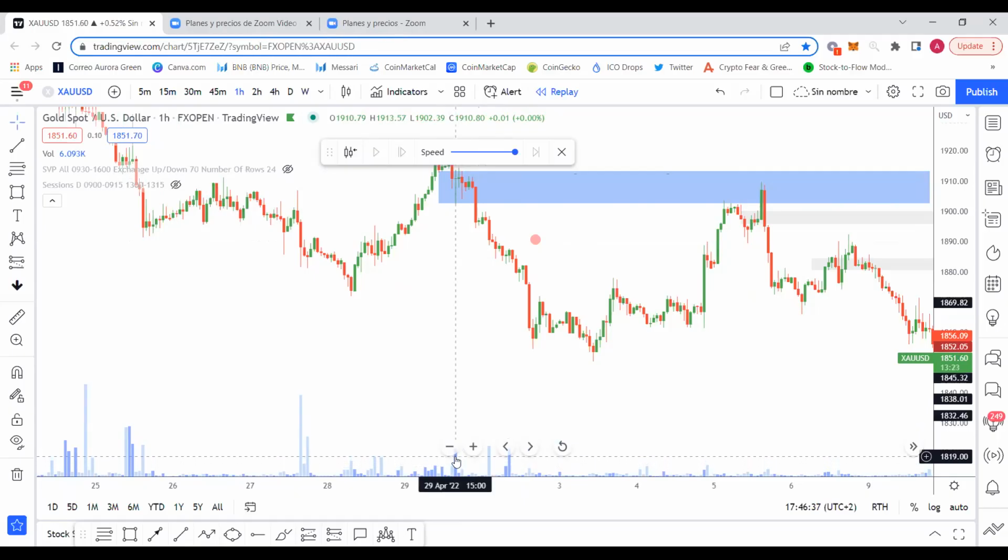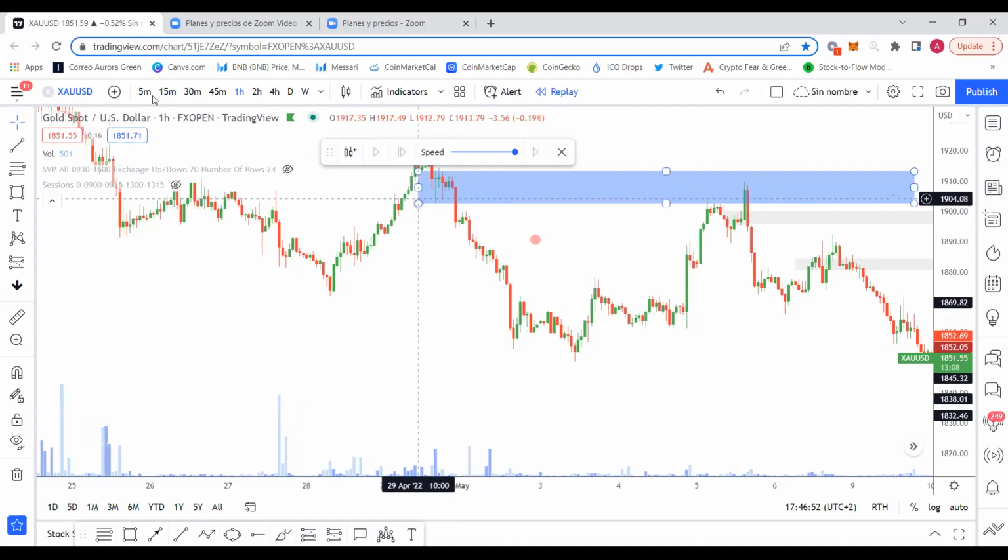No retail trader has the power to do this. So this spike in volume means this is an indecision candle made by institutions, which tells us that if it's in a supply zone, this is a strong supply zone, a zone where institutions are placing their orders.